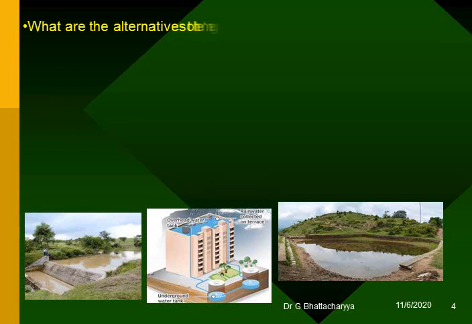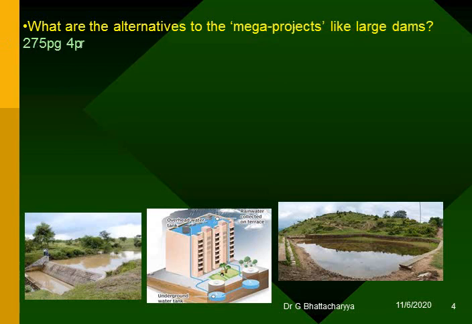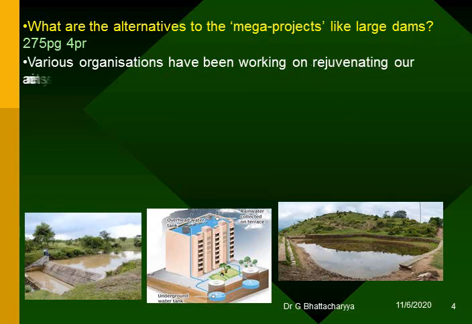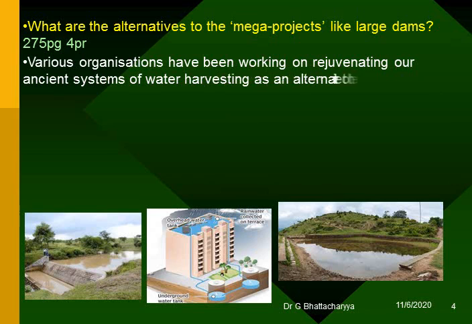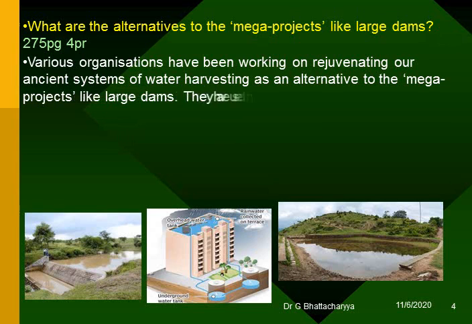What are the alternatives to the mega projects like large dams? Various organizations have been working on rejuvenating our ancient systems of water harvesting as an alternative to the mega projects like large dams.